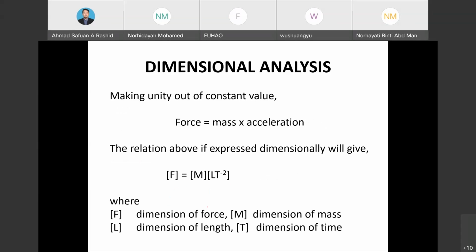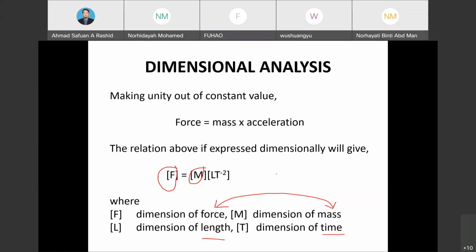Based on F equals MA, the primary dimensions are F, M, and then we have L and also T: force, mass, length, and time T. Length is more related to geometry, time is more related to kinematics, while force and mass are more related to dynamics.